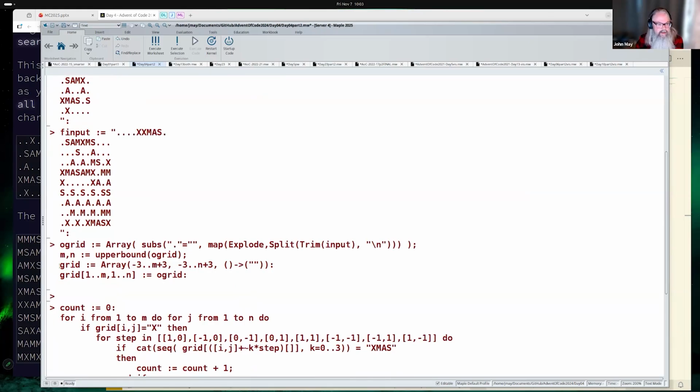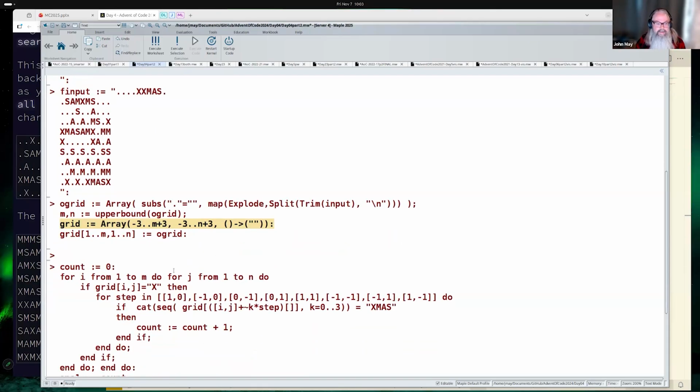I take the original input and store it in OGrid, see how big it is, and then create a bigger grid that's padded out with empty strings and embed the original grid inside of it. That gives me the original word search and a bunch of stuff on the outside. So now everything is really easy.